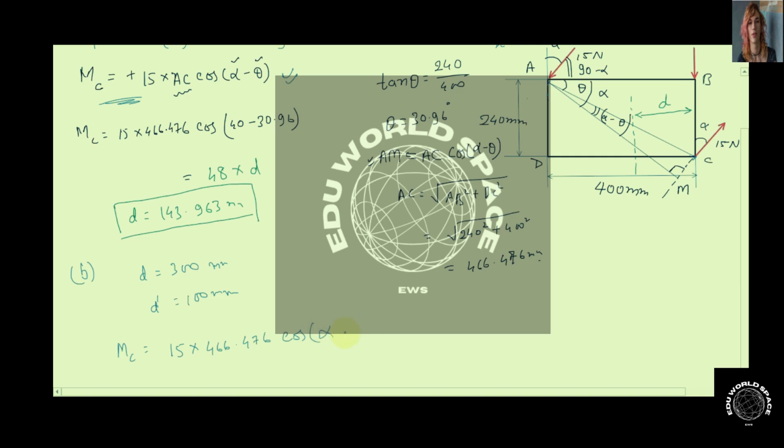This time alpha is unknown, but theta is still known, that is 30.96, and that should be equal to the equivalent force, since the equivalent force is not going to change, so 48 multiplied by d dash, where d dash is the distance from point C. The problem mentions that this distance is 300, so this distance will be 100. So we use 100 here, and in this equation only one angle, alpha, is unknown, so alpha can be calculated by using a calculator, and alpha comes out to be 77.646 degrees. So this is the final answer.